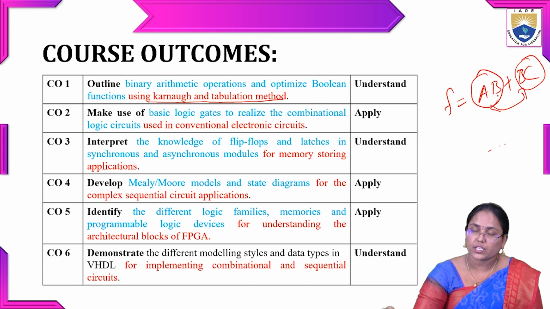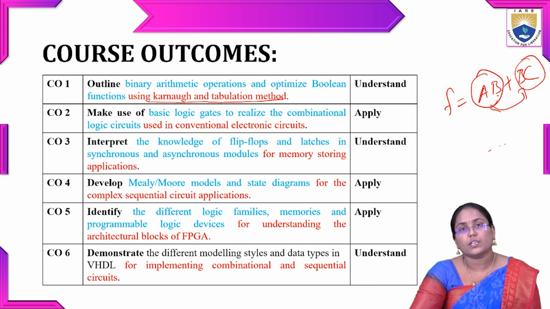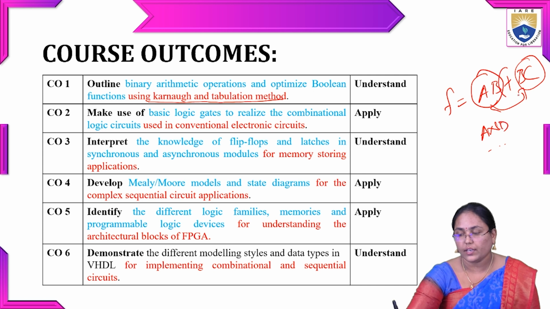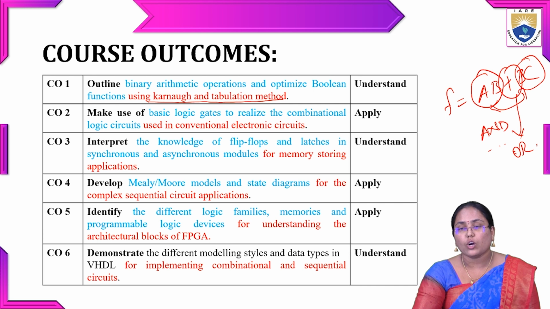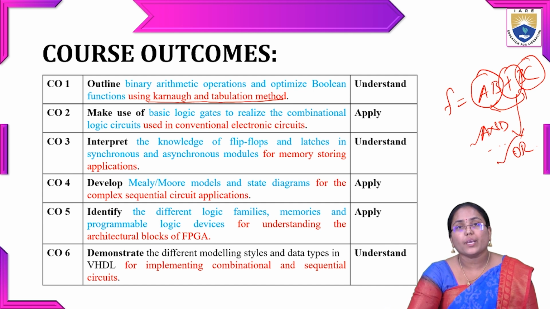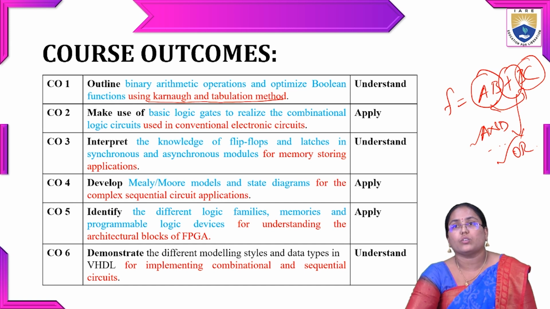So for multiplication, what we'll use in these digital circuits is AND logic, and here plus is used for OR logic. Okay, so with the combination of this, by using these basic logic gates, AND gate, OR gate, we'll be able to realize different types of combinational logic circuits used in conventional electronic circuits.